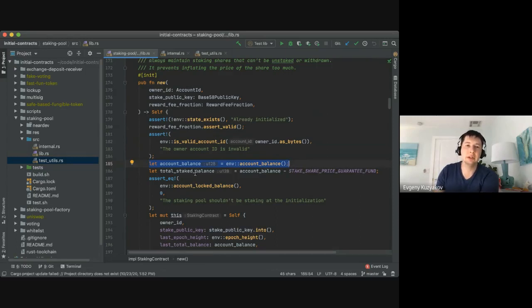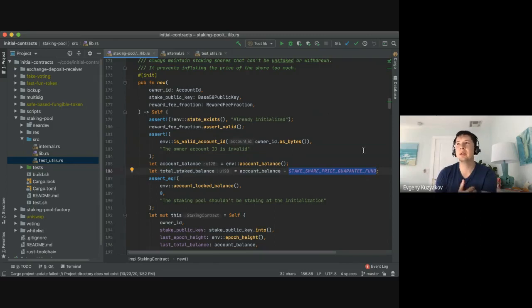And then we say we're gonna allocate some tokens for the stake share price guarantee fund. So the staking pool has certain guarantees that are important for lockup contracts. And the guarantees are when you deposit to the staking pool, you should be able to withdraw at least the same amount of tokens.